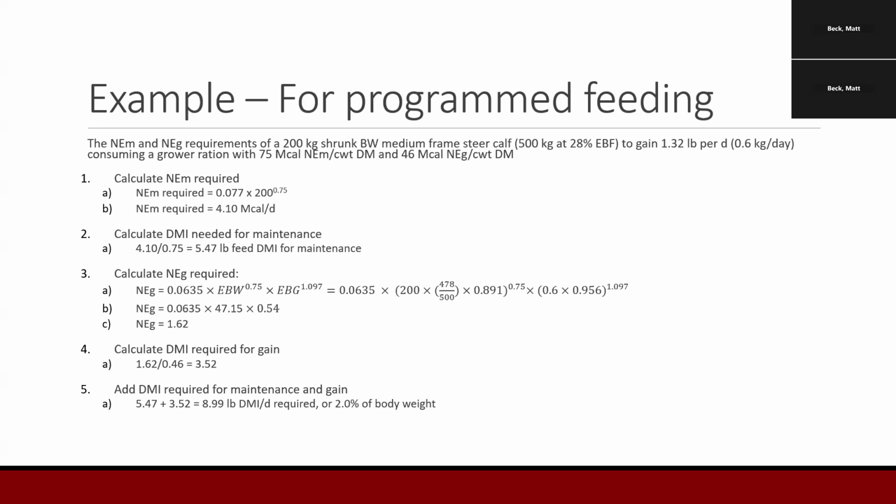Okay, so 5.47 plus 3.52 is 8.99 pounds of dry matter per day. So that animal needs to consume 8.99 pounds of dry matter per day to gain 0.6 kilograms per day. Any questions?